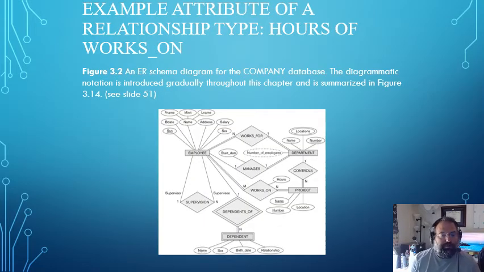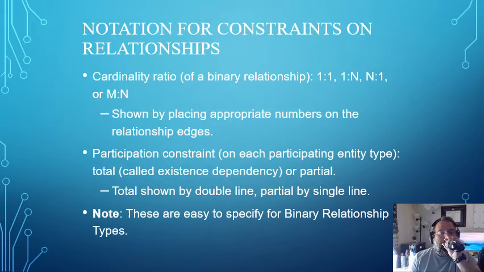This is an example of the ER diagram with the company. The notation is introduced gradually throughout this chapter, and we're going to summarize it in 3.14 later on. Notations, constraints on relationships.